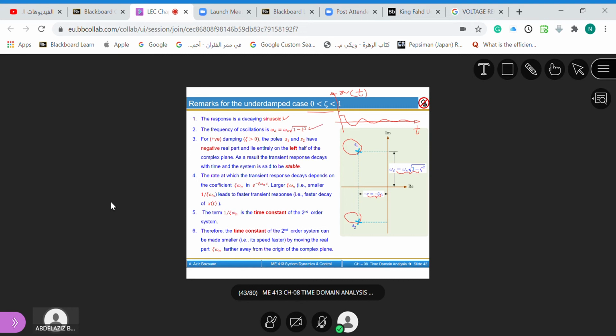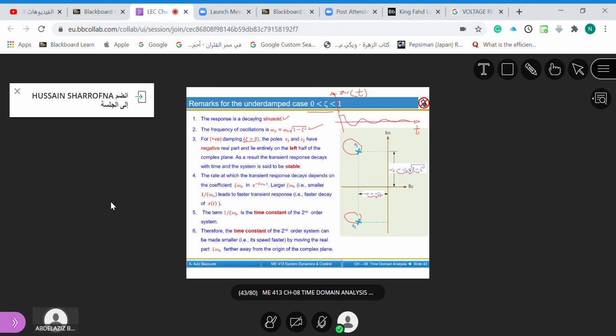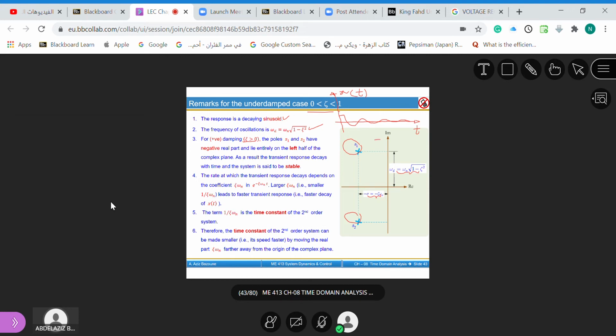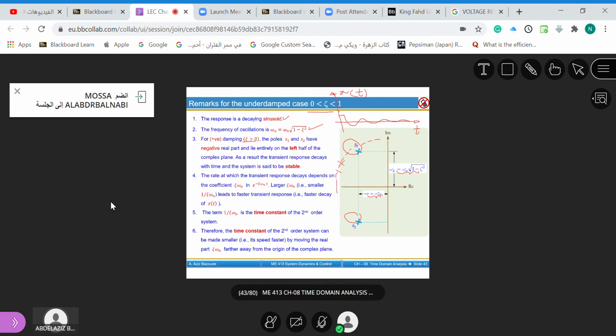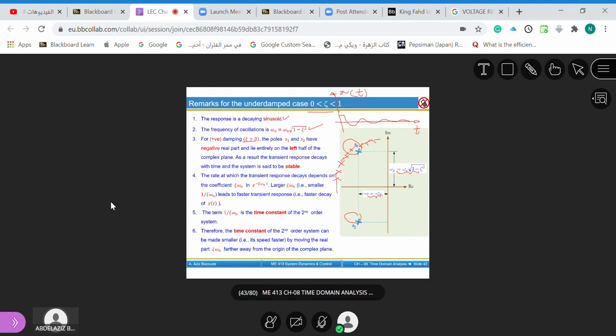And for positive damping, meaning zeta is greater than 0 but still less than 1, the poles S1 and S2 have negative real part. The real part could be here, here, here. It could be in any region in the left-hand side of the complex plane.